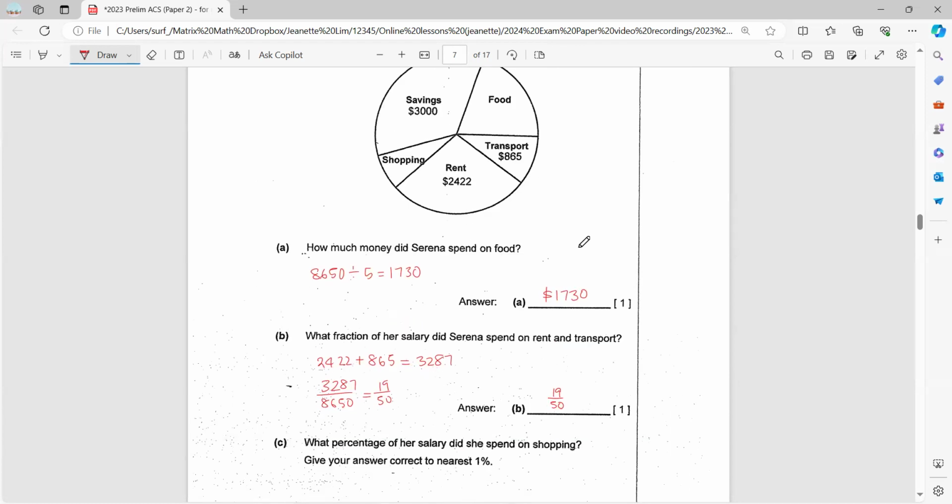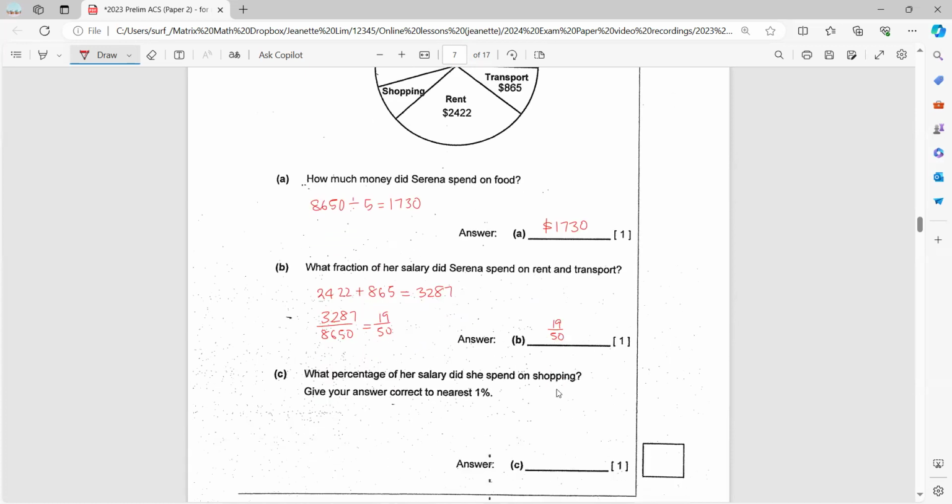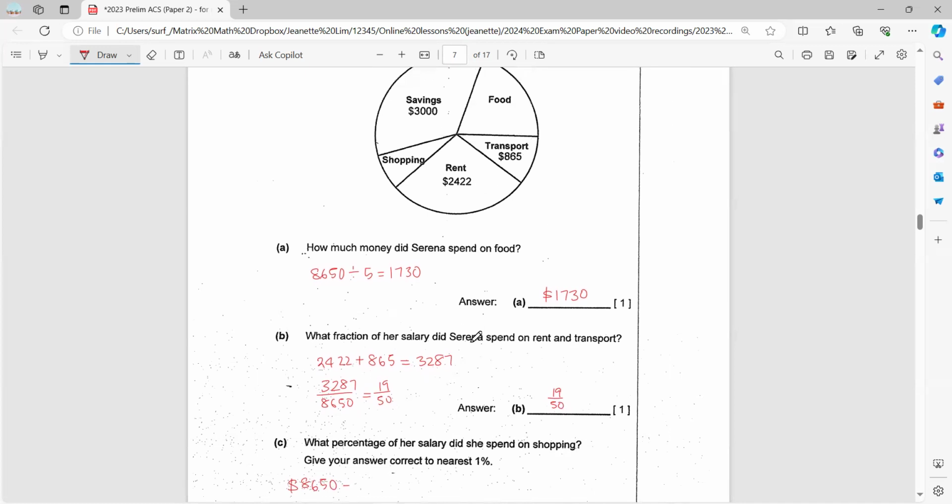What percentage did she spend on shopping? Let's find the amount spent on shopping. You're supposed to give your answer to the nearest 1%. So to find shopping, we'll use the total and take away everything else. Rent and transport we have added up earlier, so you just minus 3287.